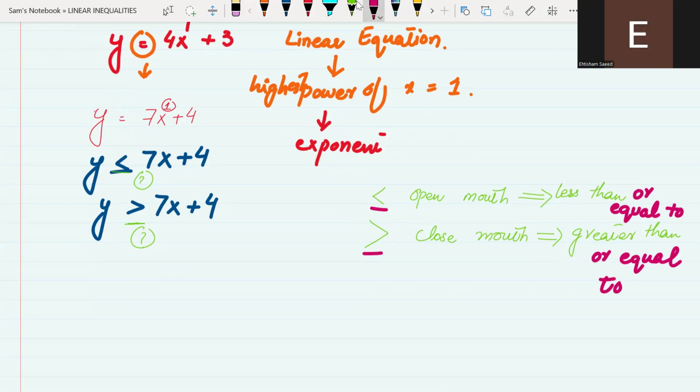Clear? Yes, sir. Okay. So this is the sign in front of you, open mouth, telling you less than, so we can call it y is less than 7x plus 4, or y is less than or equal to 7x plus 4, and we can call y is greater than or equal to 7x plus 4.